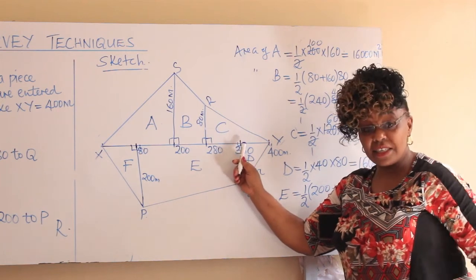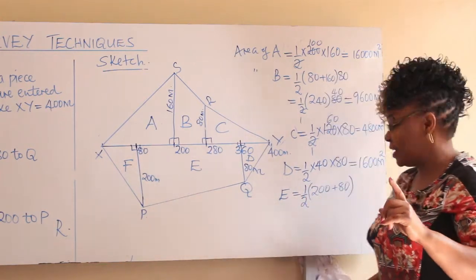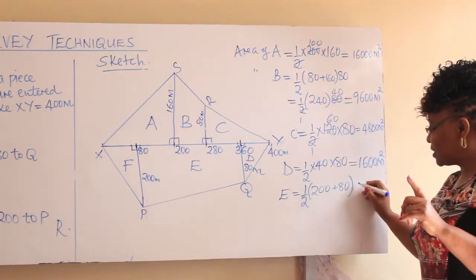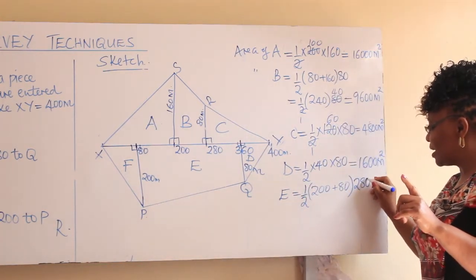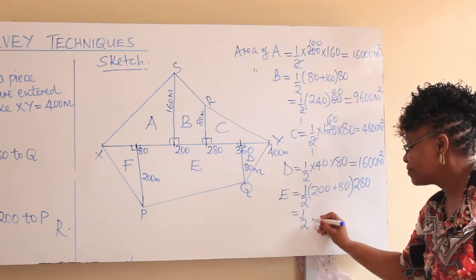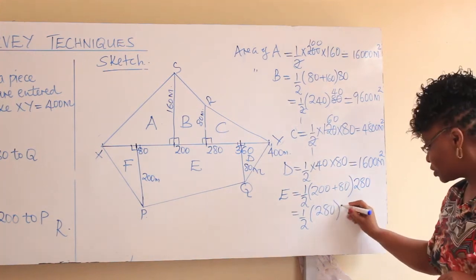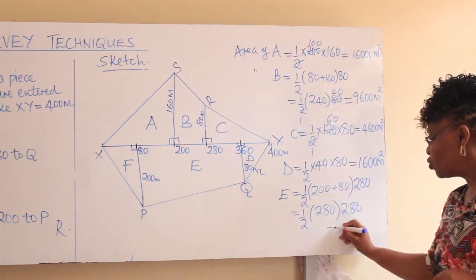That is 360 minus 80, which will give you 280. You simplify this. This is a half multiplied by 280. You work out this.